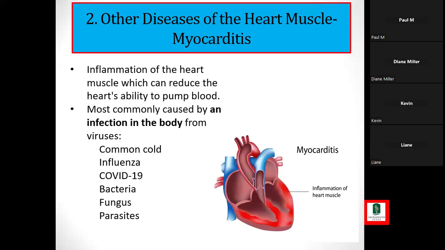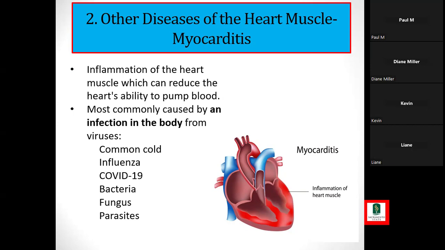So another disease of the heart muscle is called myocarditis, where the heart muscle gets inflamed. You can see in the picture the heart muscle's kind of reddish colored, and it's once again the same thing as if you get a cut on your hand and you see the redness around it, or if you pull a muscle in your leg, or you get a shot in your arm and the muscle that you got the shot in is just sore and inflamed.